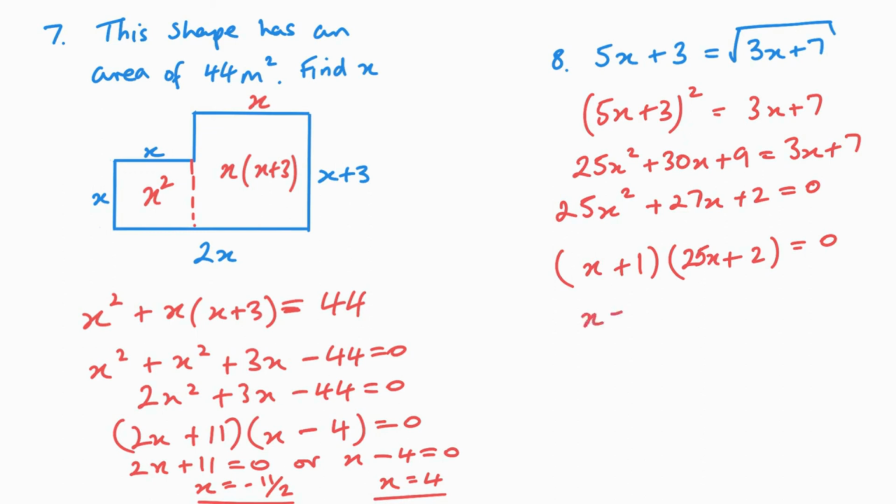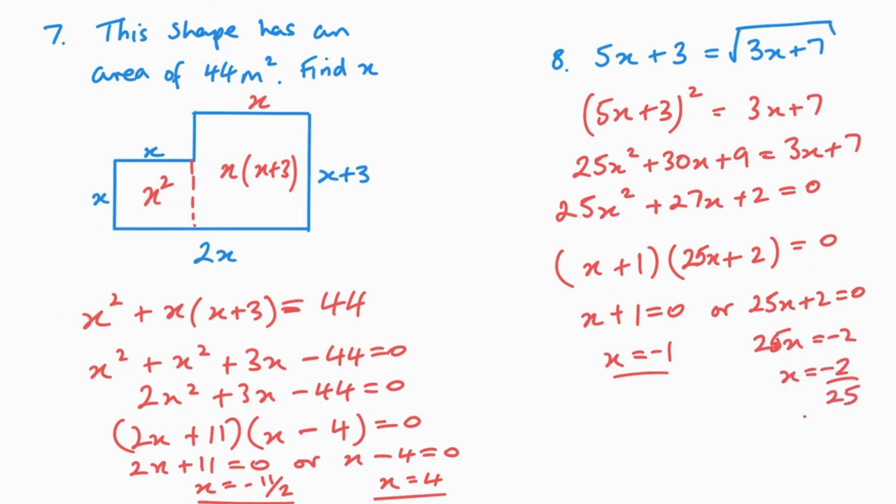So here we have x plus 1 equals 0, or 25x plus 2 equals 0. x equals negative 1. 25x equals negative 2, so x equals negative 2 over 25. And there you have your two solutions. And if you put both of these in, you can see that they match up with either the positive or the negative square root there.